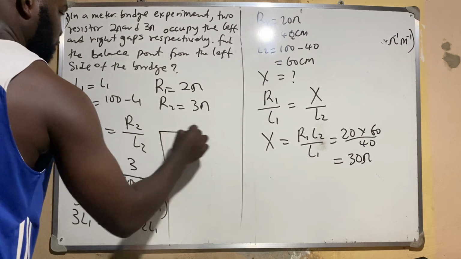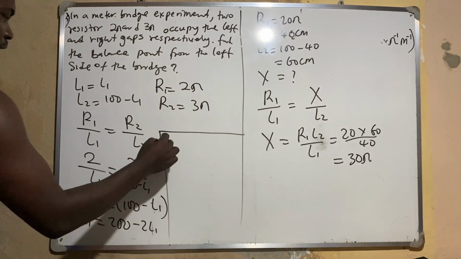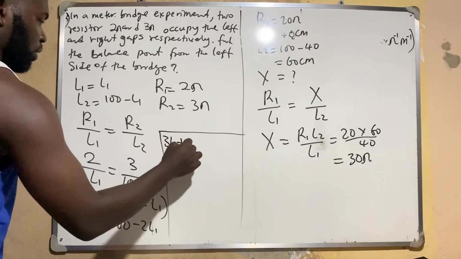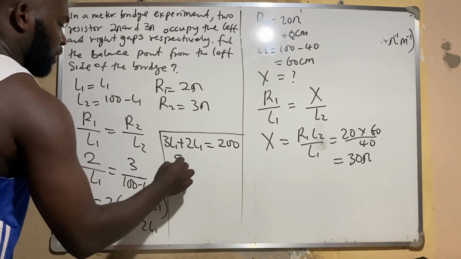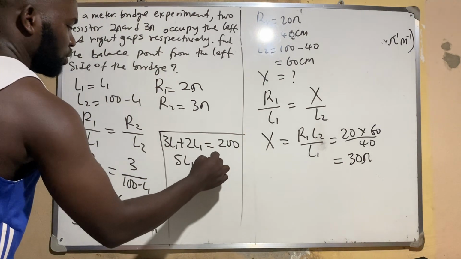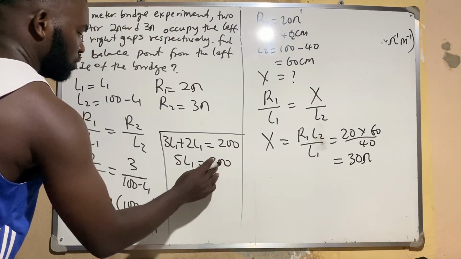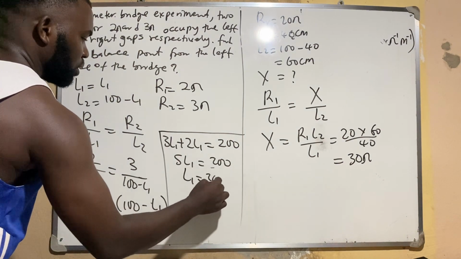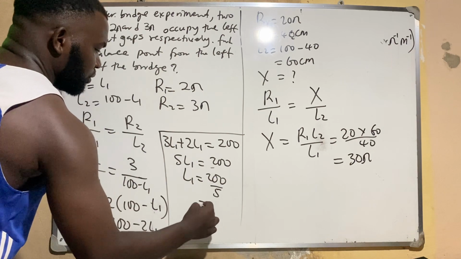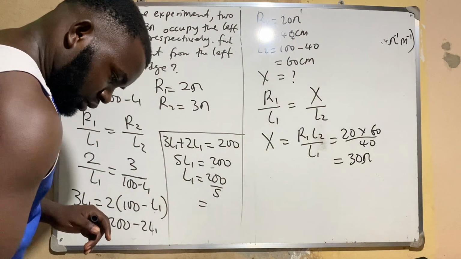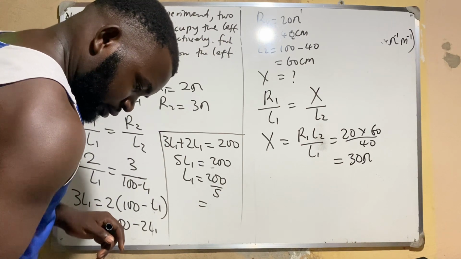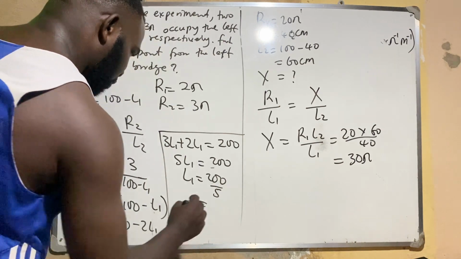So collect terms to have that 3L1 plus 2L1 is equal to 200. So 5L1 is equal to 200. Therefore L1 will now be 200 divided by 5. I have 40.